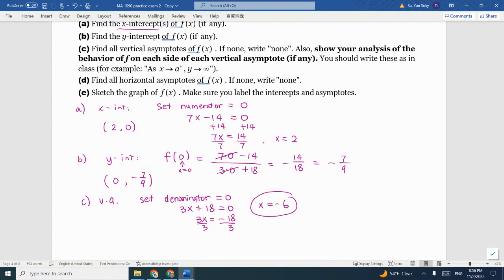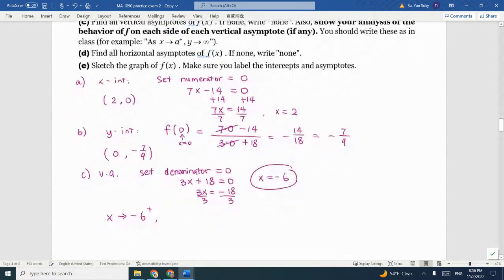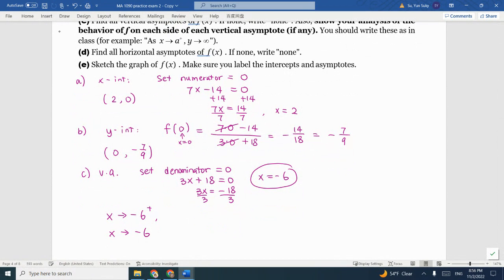How do we check? We need to check the behavior when we get close to -6. So we need to check when x approaches -6 from the right, what happens, and when x approaches -6 from the left, what happens. When x goes to -6 from the right, then 3x plus 18 goes to 0 from the right as well, because it corresponds to the factor x plus 6, and 3x plus 18 is like 3 times x plus 6.